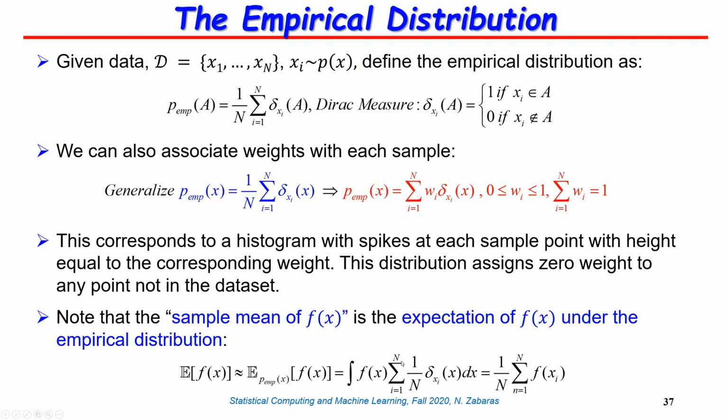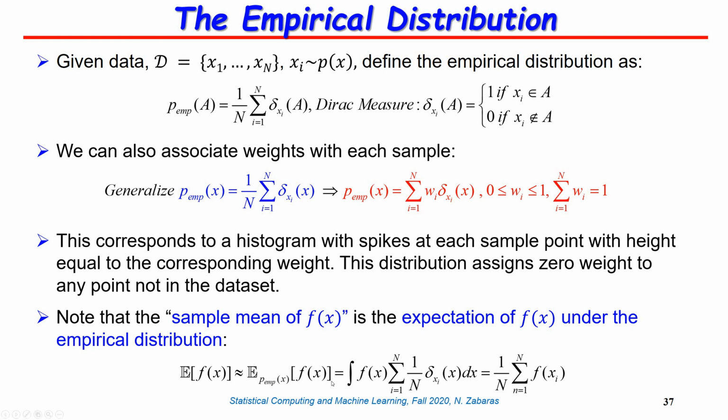I'm using here the definition of expectation, so I plug in my empirical distribution, and then I pull the summation outside, and then I have an integral of f of x multiplied with each of these delta functions. For those who remember this from calculus, when you multiply f of x with a delta function centered at location xi, and you integrate from minus infinity to infinity, you get the value of the function f at xi.